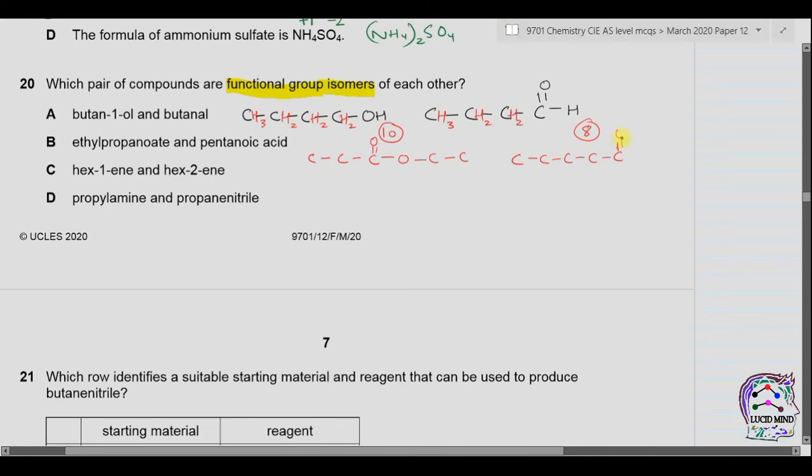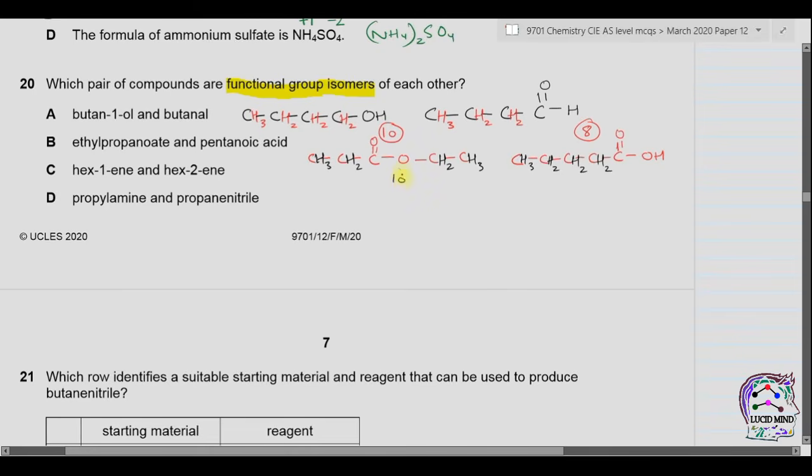This one is pentanoic acid. Now let's draw the number of hydrogens with each. 3, 2, 2, 3, 3, 2, 2, 2.